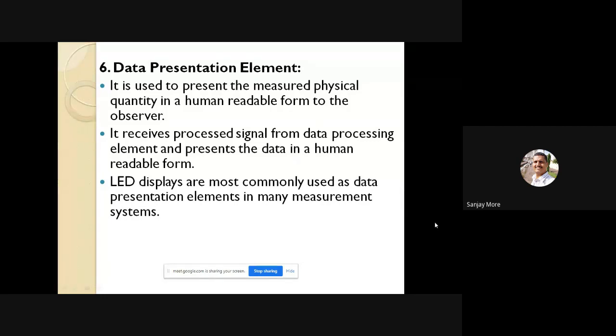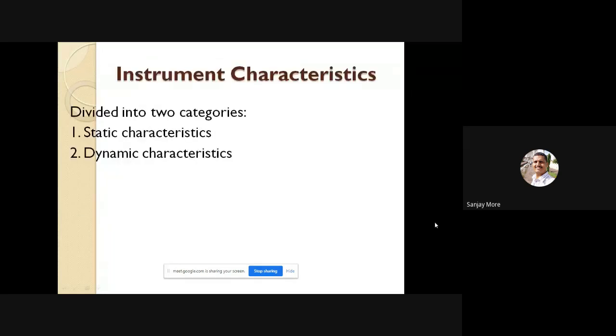The data presenting element displays our final output or outcome with the help of a numerical or digital value on an LED display.